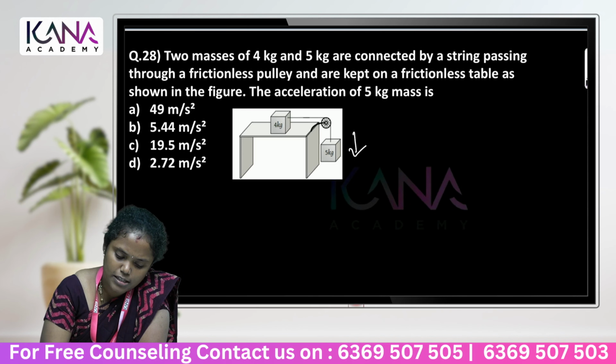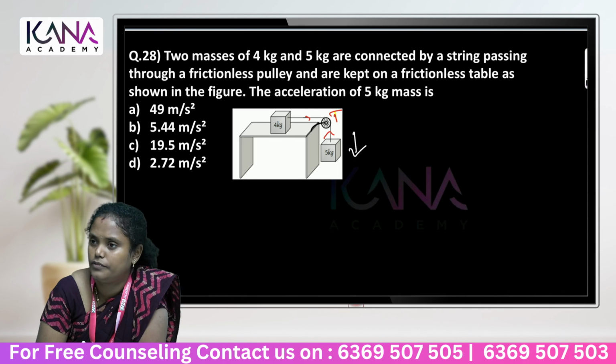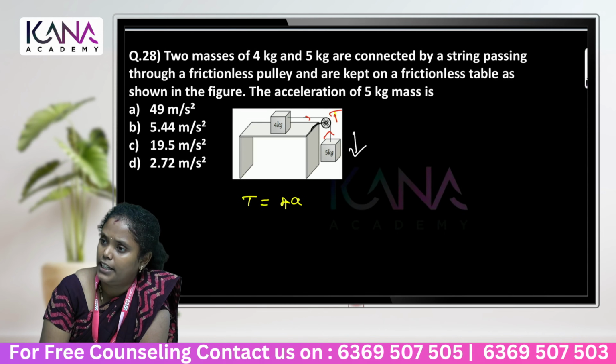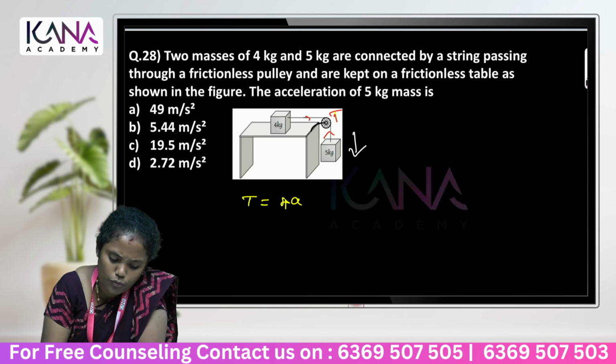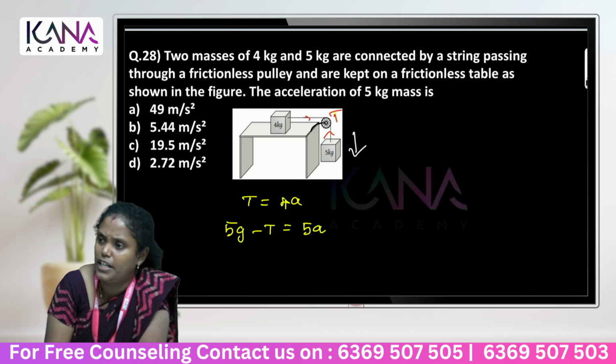What do we do? Tension T. So here it is T equal to 4a. Here it is accelerating downwards. 5g minus T is equal to 5a.